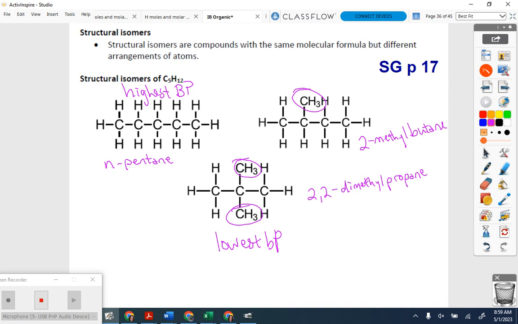There's less likely to be that temporary dipole. It's not likely to last as long. So that instantaneous temporary dipole is going to be more likely and stronger in the long stretched out molecule than it is in the spherical molecule. All right, so that's an important thing about structure.